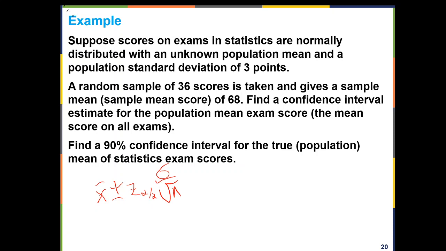So what is our x bar here? 68. Plus and minus. What is our z? Well, remember z for 90% was 1.645. And then multiply that by the standard deviation of the population, 3. And what's the sample size? 36. That's it. That number gives us the answer.